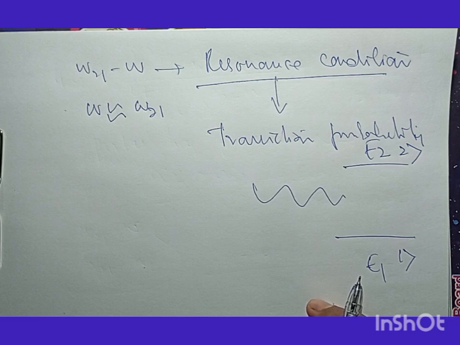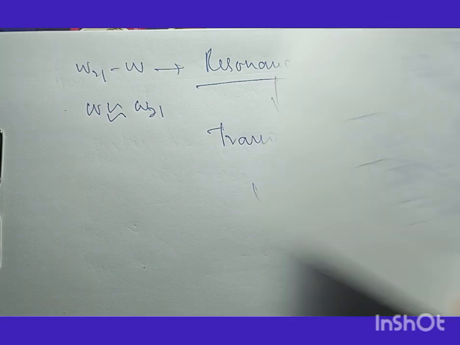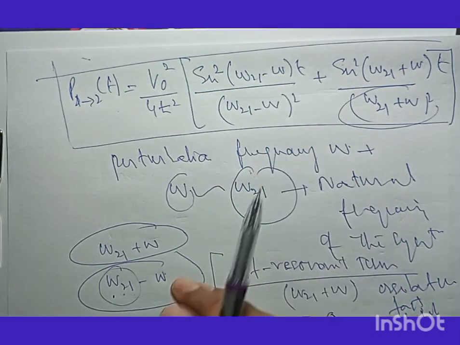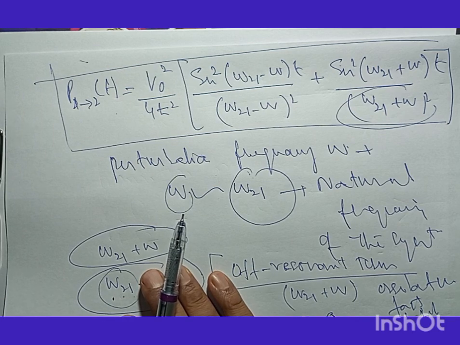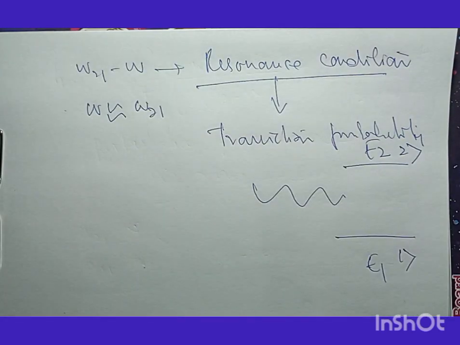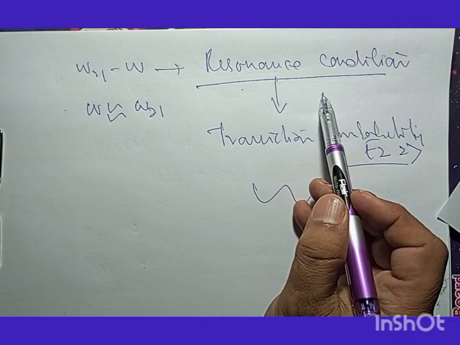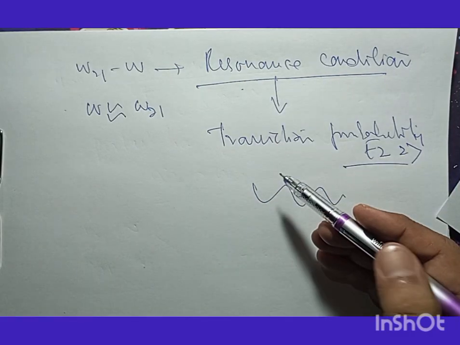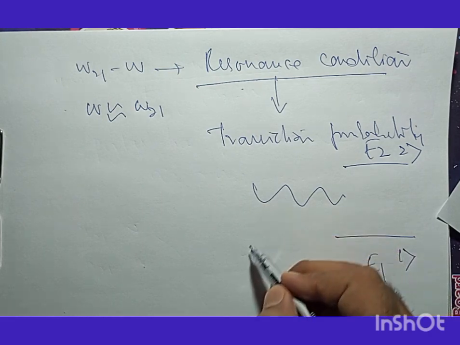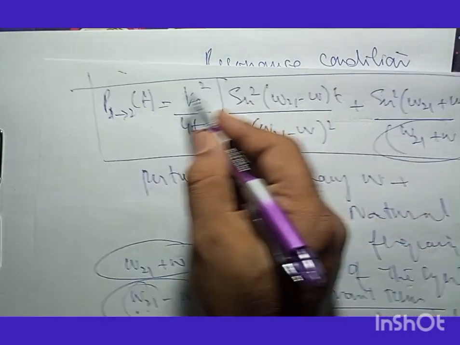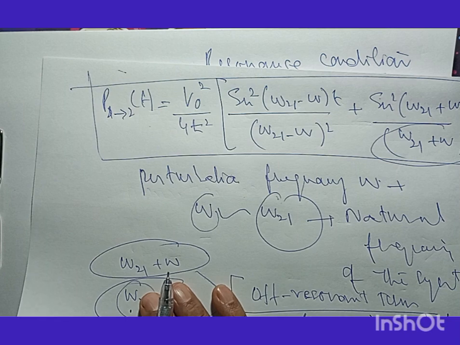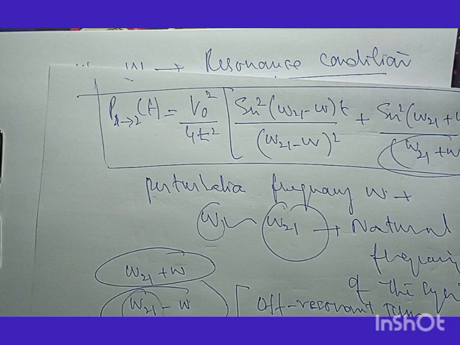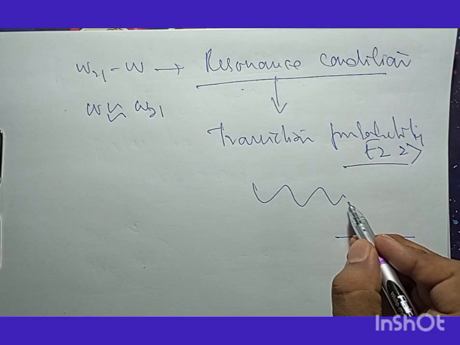Now, what we observe here is that we have a sinusoidal behavior, and that's clear from the equation. The transition probability, at resonance, grows with time and follows this sinusoidal pattern governed by this equation, because the system is being driven by the time-dependent perturbation.